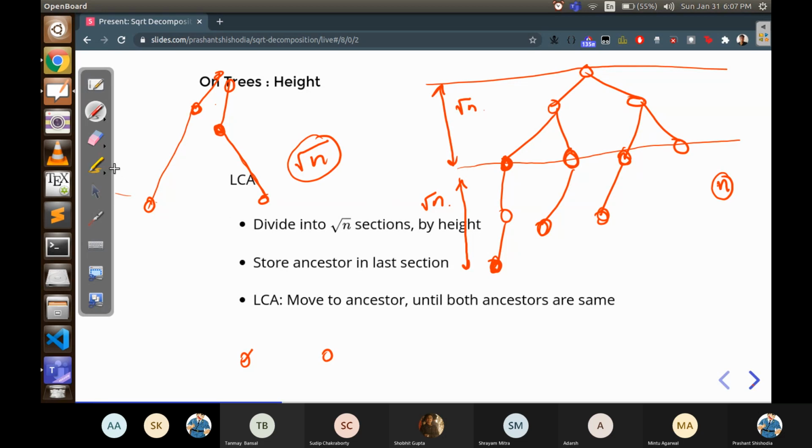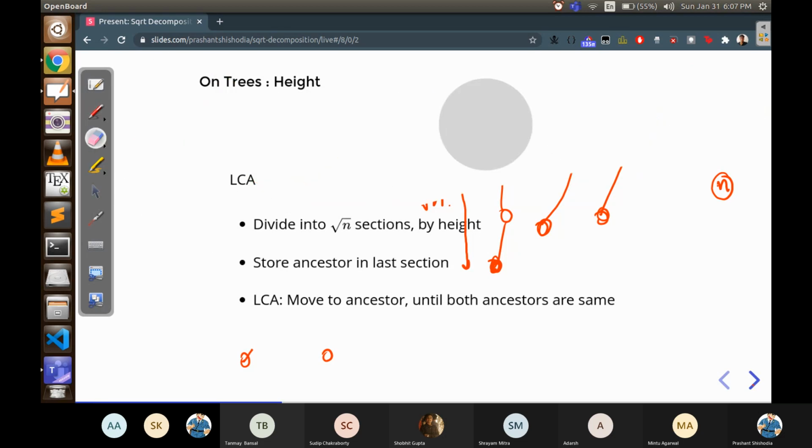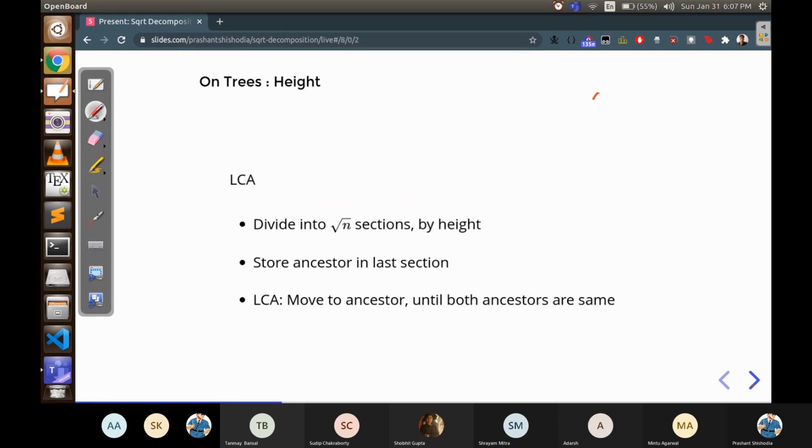Suppose you arrive at a situation where they are both in the same block. It's like this.